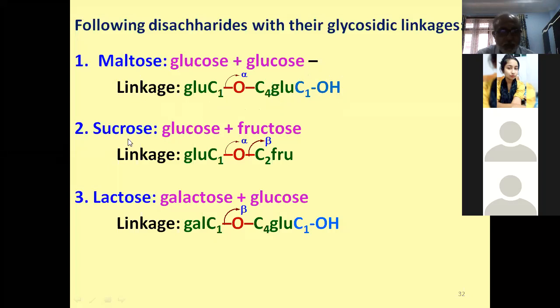But when we come to sucrose, sucrose is nothing but our common sugar, the table sugar that we take every day. And people are fond of sugar, but sugar at the same time is very unhealthy food, at least in modern times, because our lifestyle has changed.